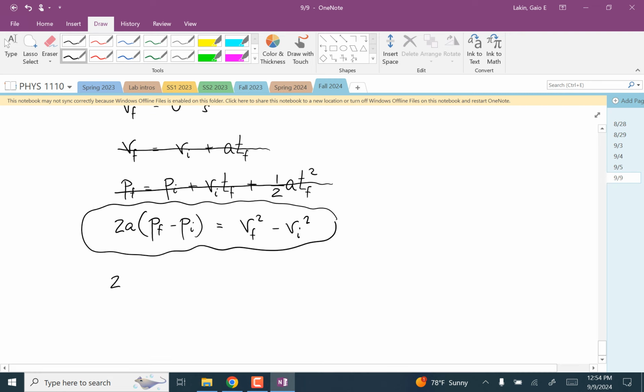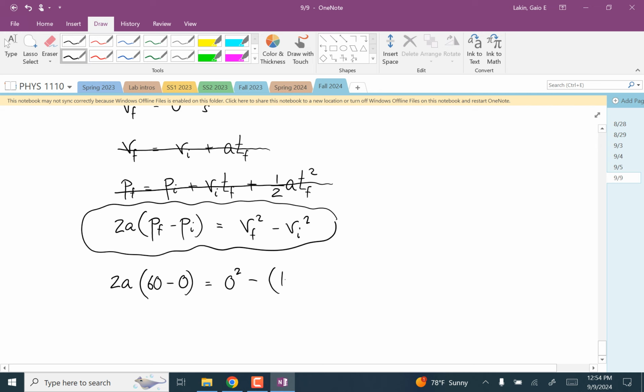So 2A times the quantity. P final was 60. PI was 0. And that's equal to 0 squared minus 40 squared. Be sure you notice that that negative is outside of the square. Remember PEMDAS? Did you learn that in school? So the exponent is applied before that negative sign.